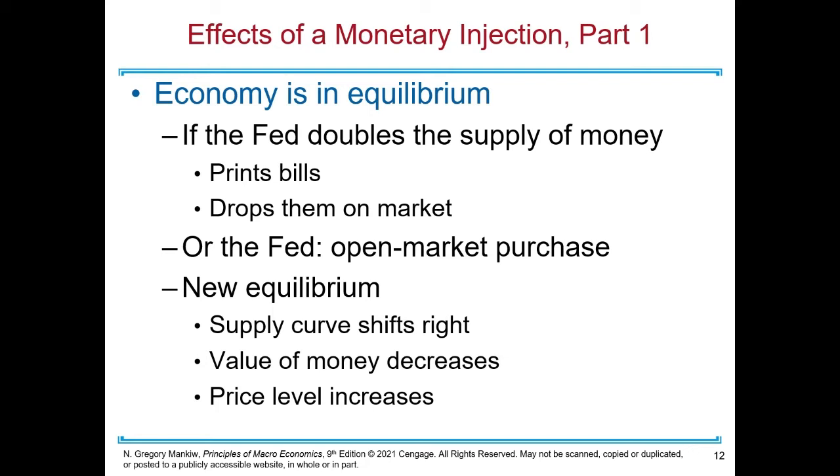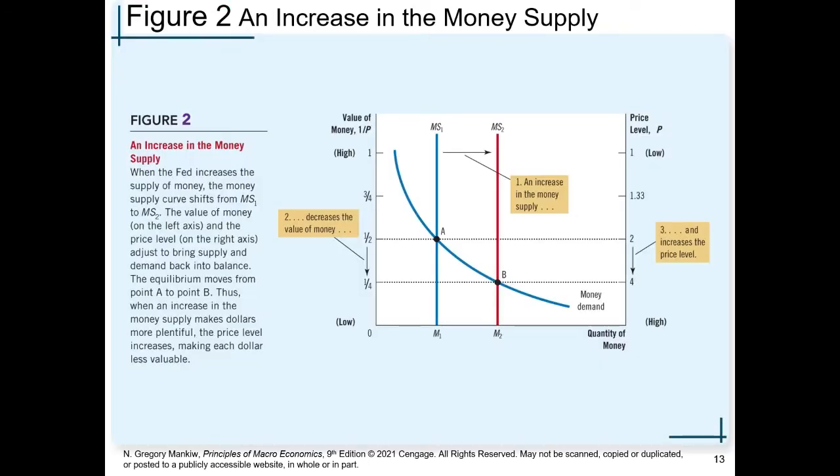We're going to create a new equilibrium, and the supply of money is going to shift to the right. Here we can see this, right? We went from this blue line, MS1, to MS2. The price level increase, that's our inflation, right? As money supply increases, we have inflation. So we're going from A to B, which is an increase in the price level from 2 to 4, or the value of our money decreases.